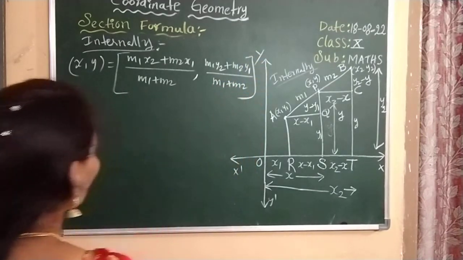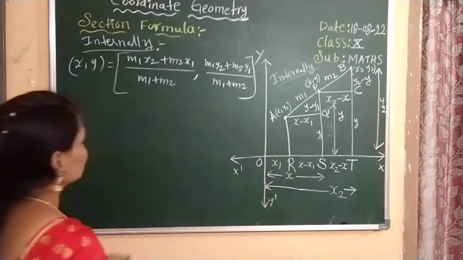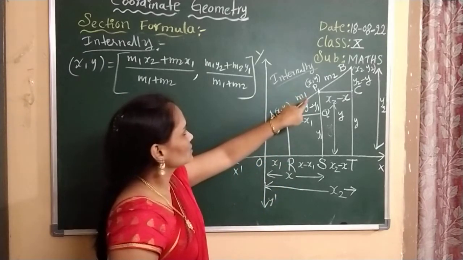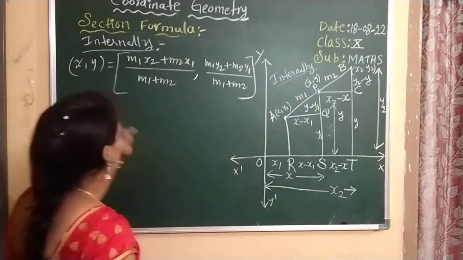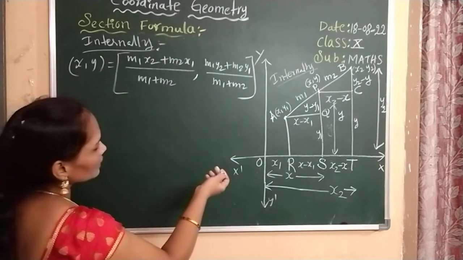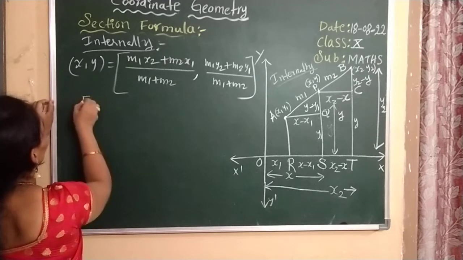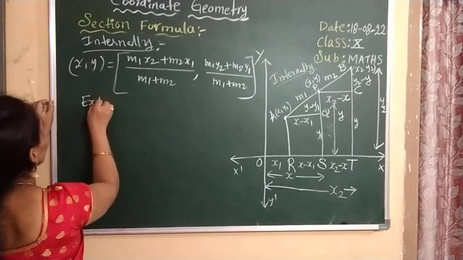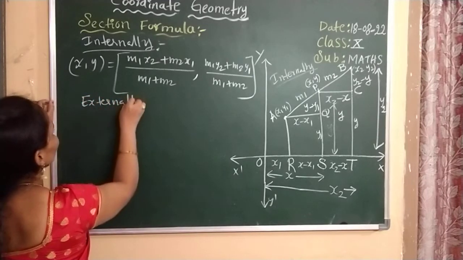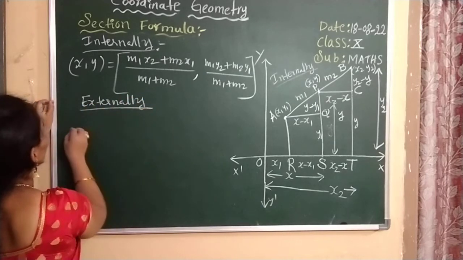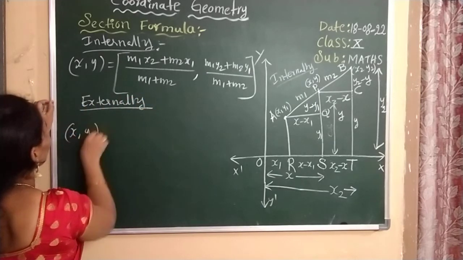Now, if P divides AB externally in the ratio m1 is to m2, just a symbol will change.